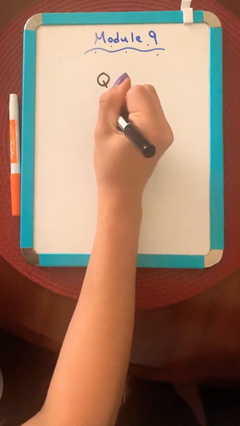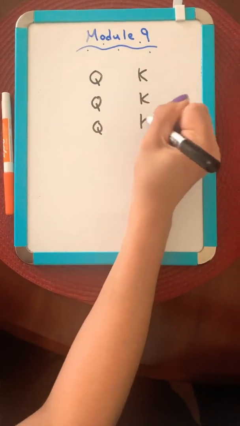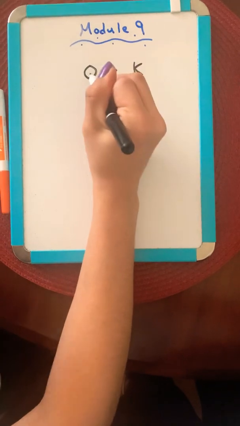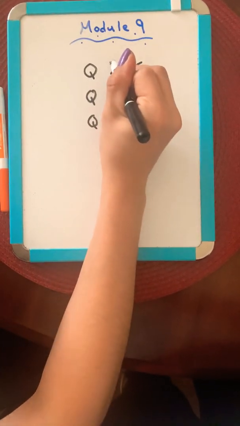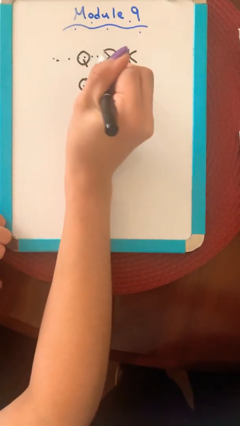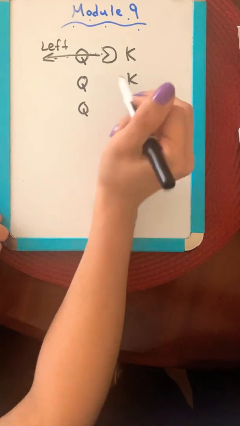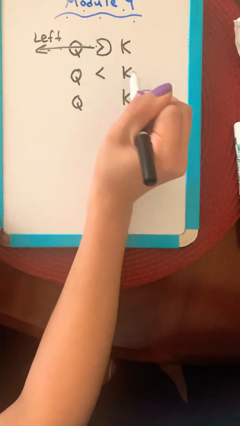So Q is on the left side, while K is on the right side. When Q is greater than K, try to think of this as a little Pac-Man, and it's going to be eating Q, which means that it's going to be shifting to the left. So what happens if Q is less than K?